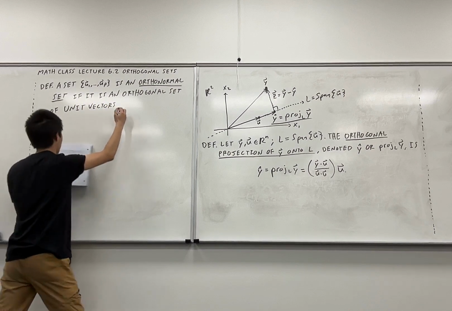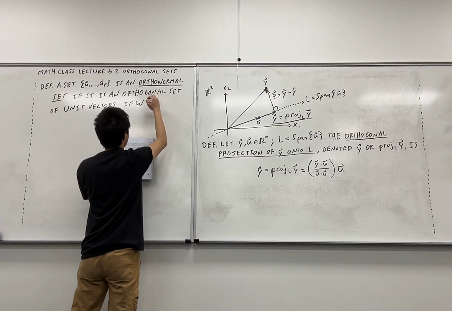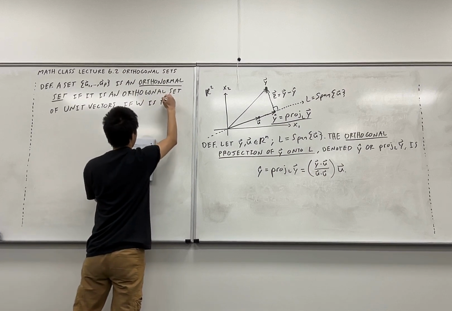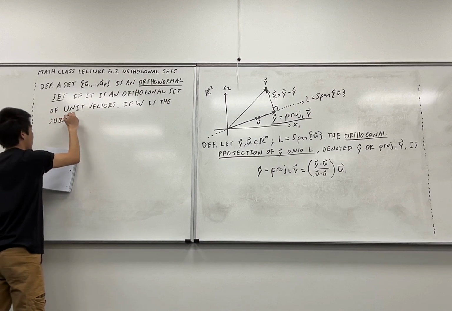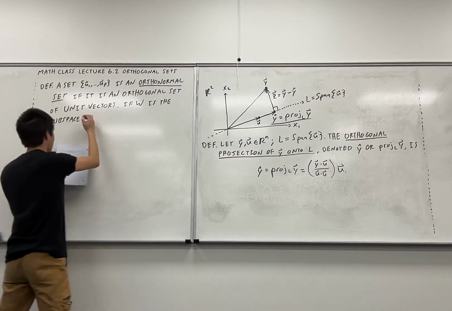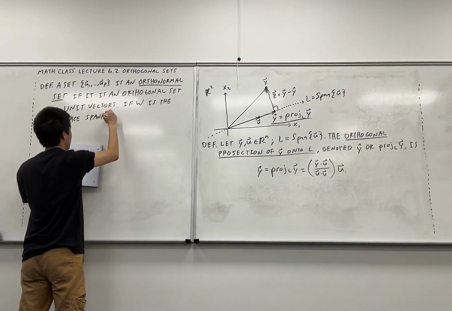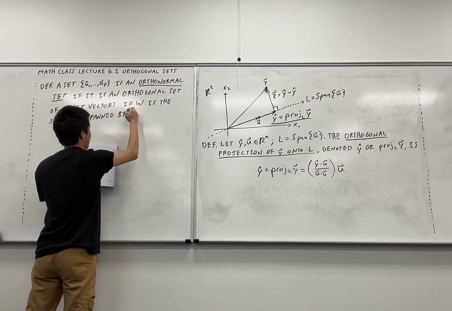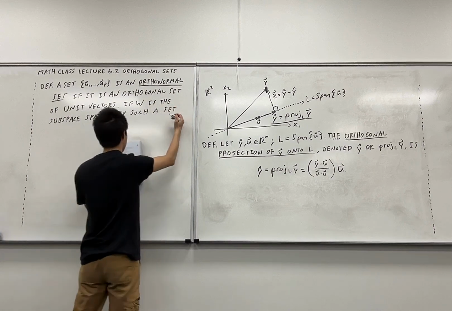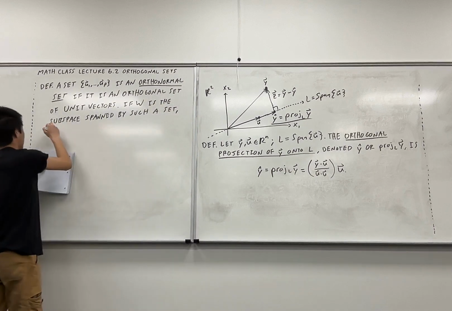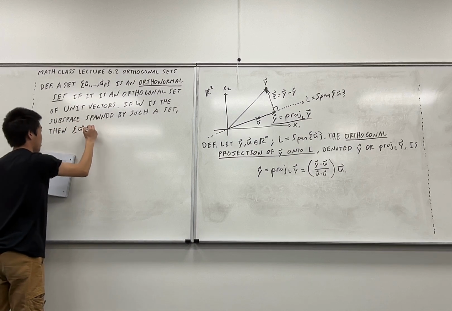They all have length 1. And if W is the subspace spanned by such a set, then this is my set of vectors here.